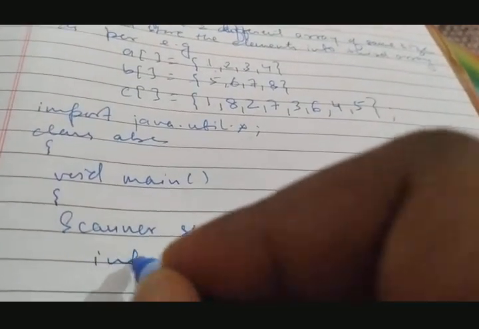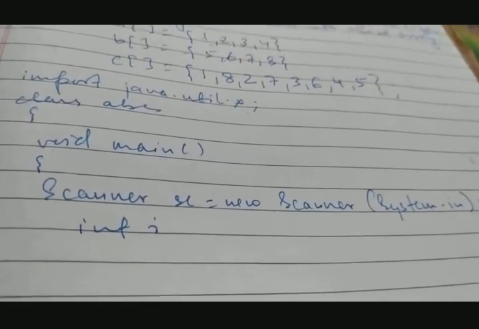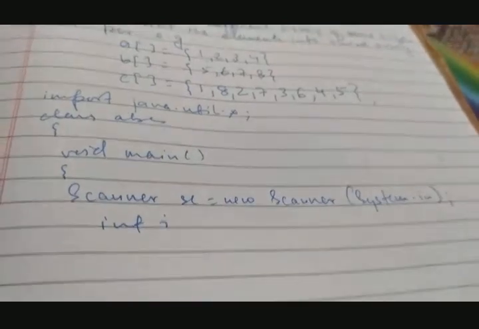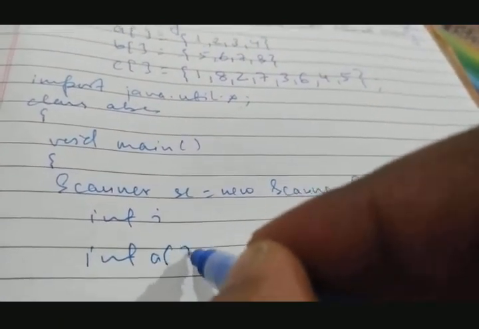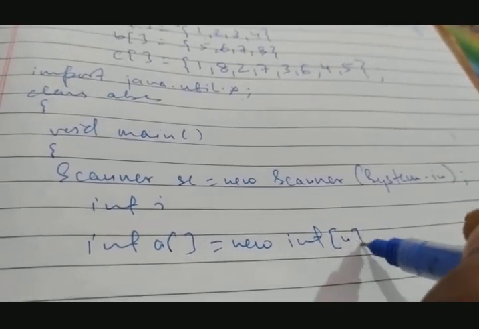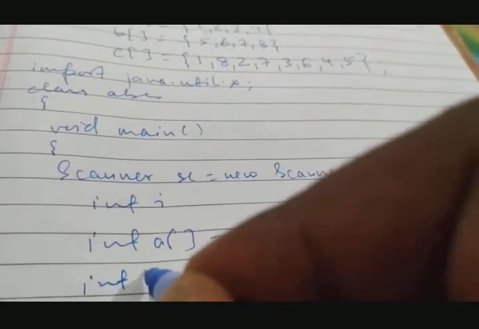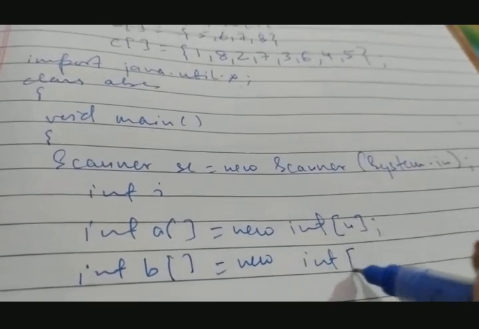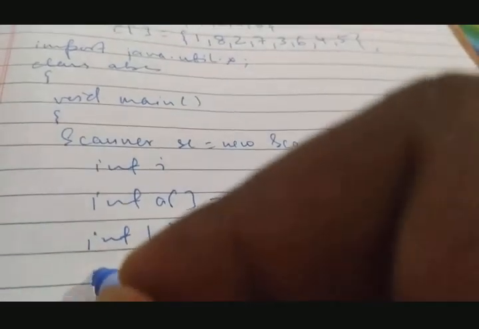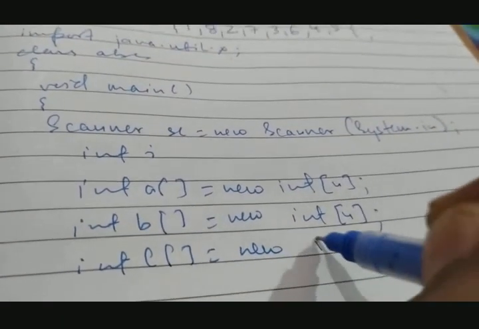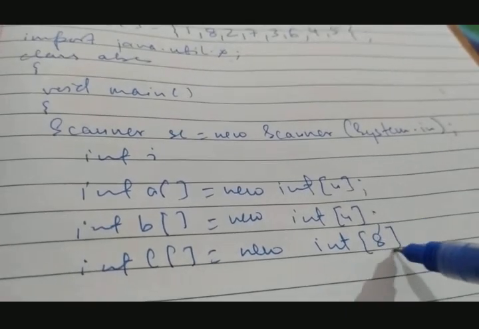We require int i, and if anything else is required we will check it. int A array equals new int 4, int B array equals new int 4, its size is also 4, and int C array equals new int 8.